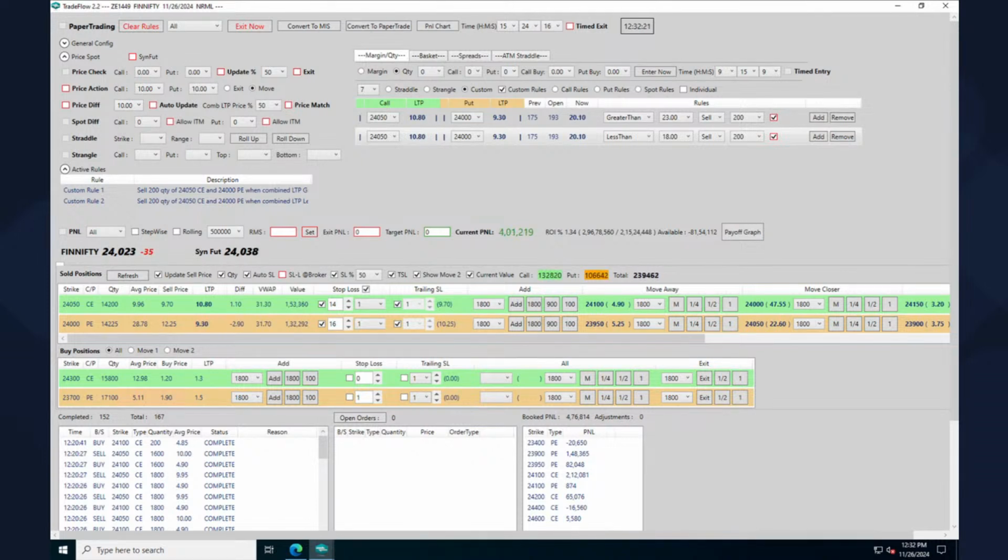So for now, the only rule that I have put is, let me share my other screen.